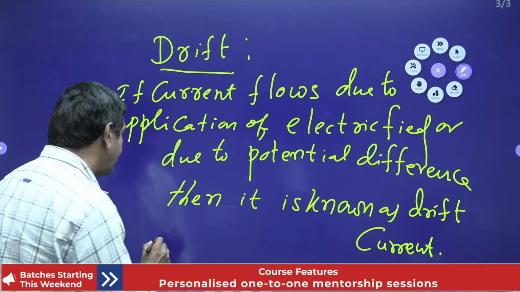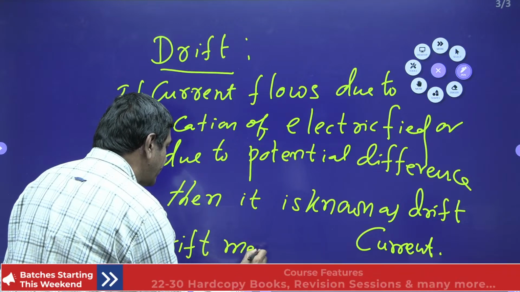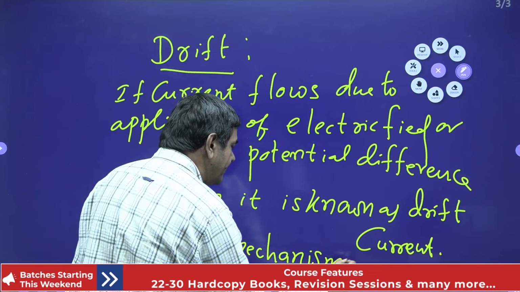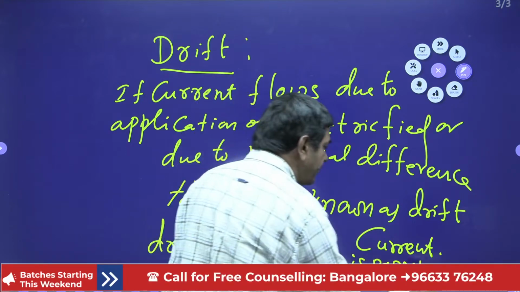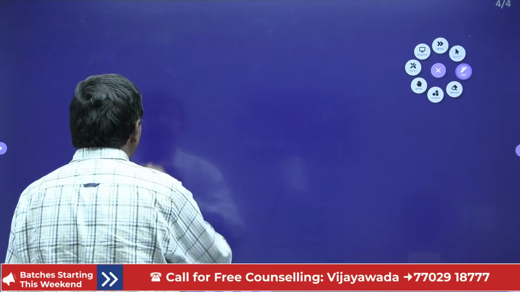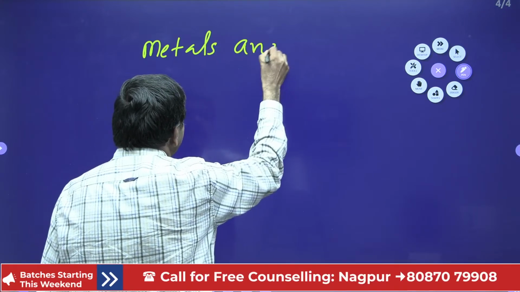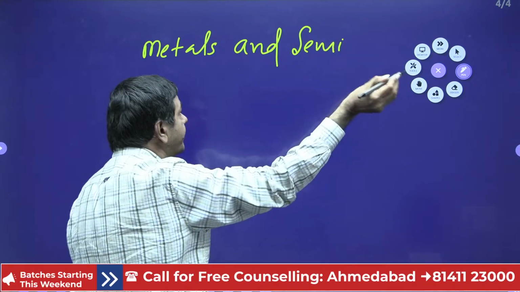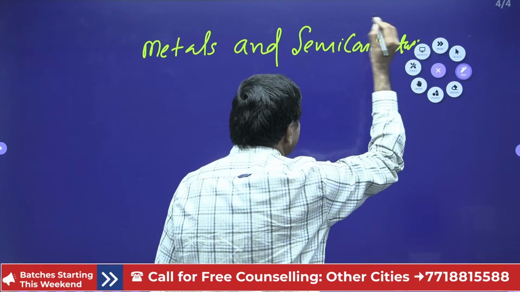We can write: the drift mechanism is possible in metals and semiconductors. In both materials we can find the drift mechanism.